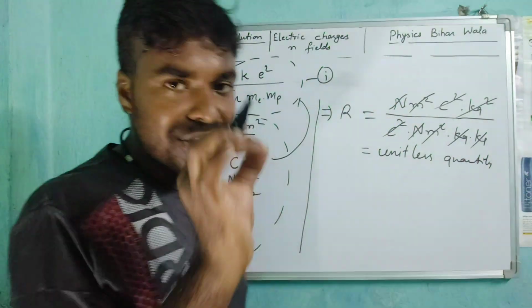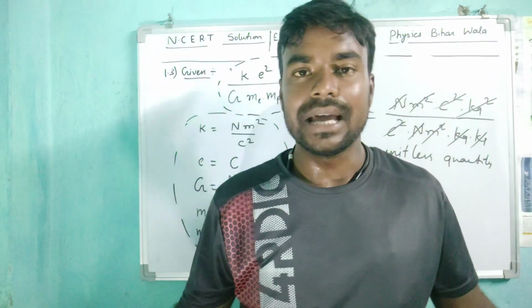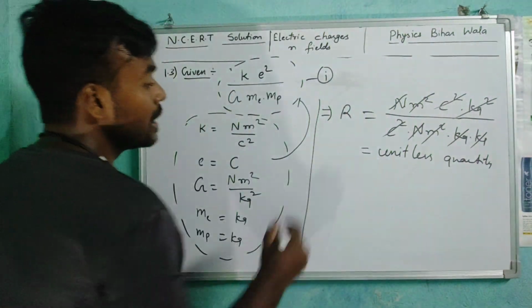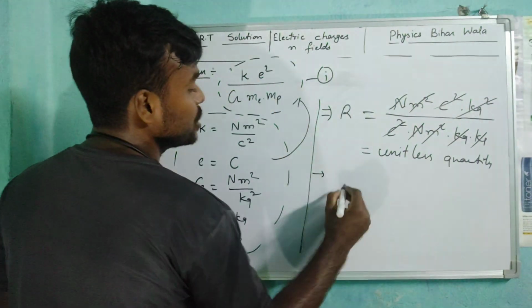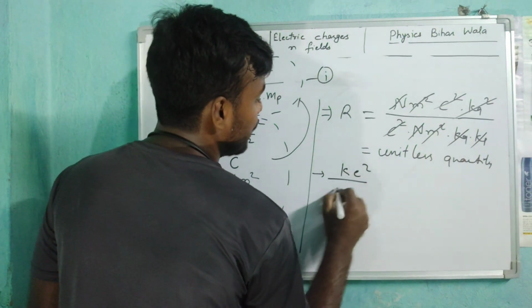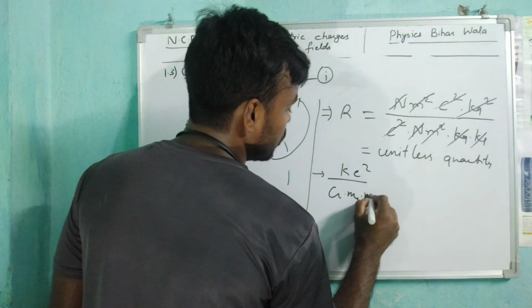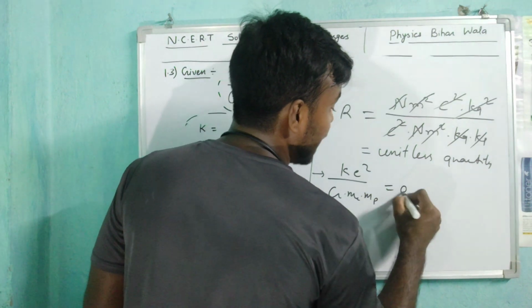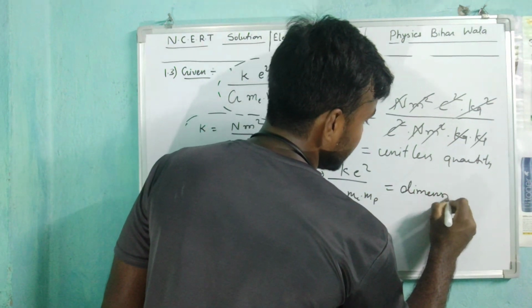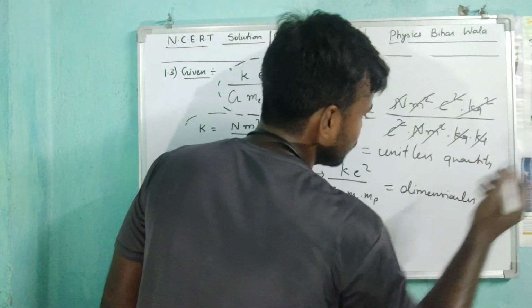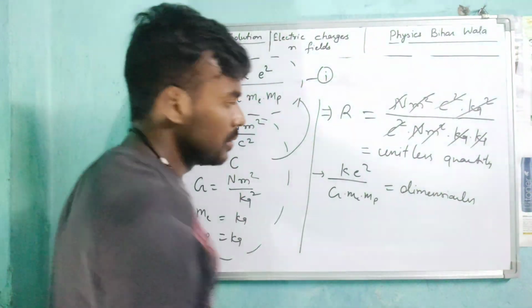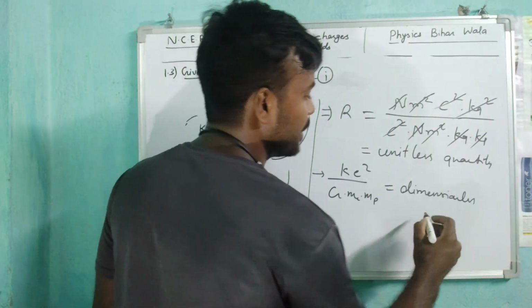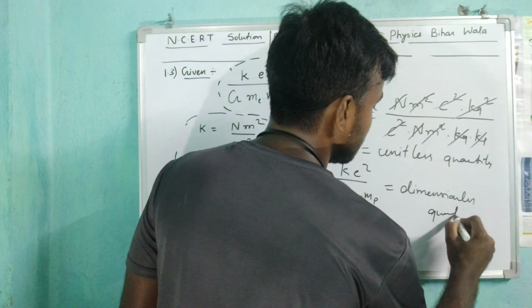And we know each unitless quantity is dimensionless. So we can clearly see here that the given ratio K e square upon G mass of electron into mass of proton is a dimensionless quantity. Because it is unitless, without unit we can't think about a dimensionless quantity.